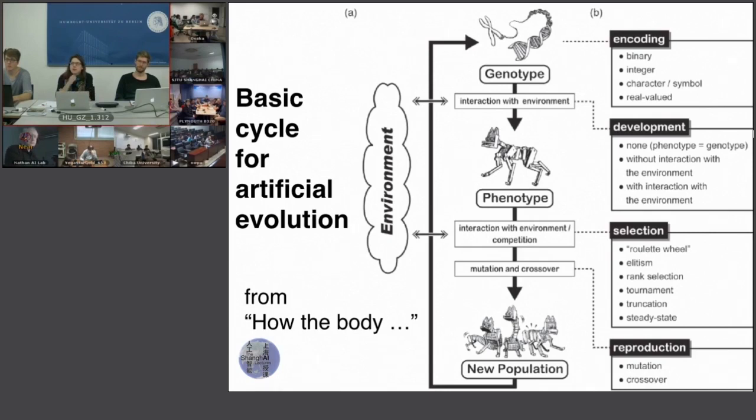For example, you could have a roulette wheel method of choosing the fittest agents. So depending on how fit they are, the fitter agents are more likely to be chosen to reproduce.